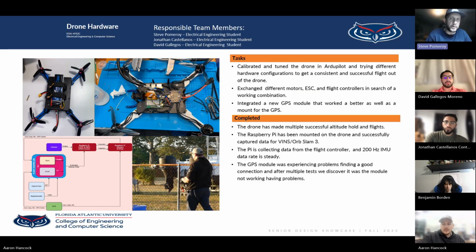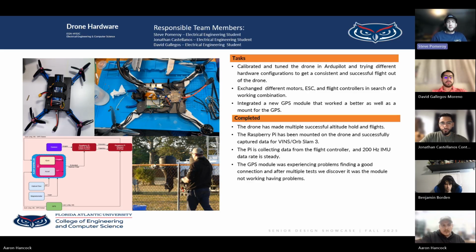And for the drone hardware aspect of this project, which was independent from the Raspberry Pi part of the project, here we calibrated and tuned the drone using ArduPilot, and we had different hardware configurations that we used to get a consistent and successful flight out of the drone, with many different revisions of flight controllers, propellers, motors, and different bases and arms.